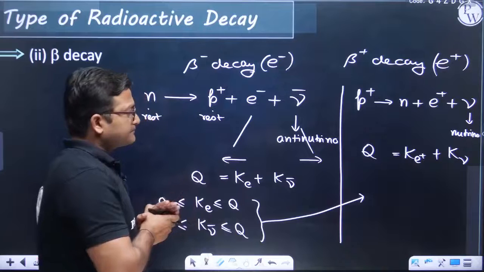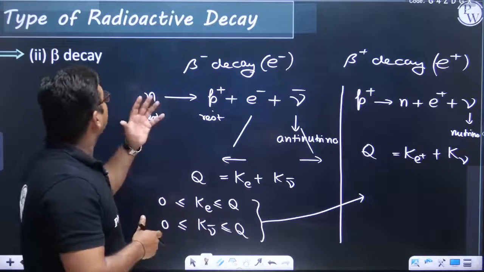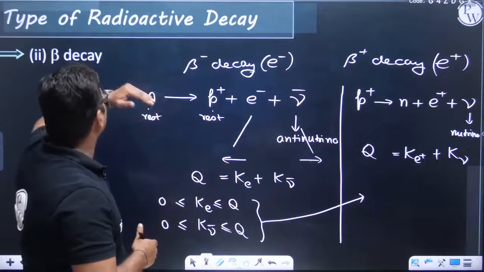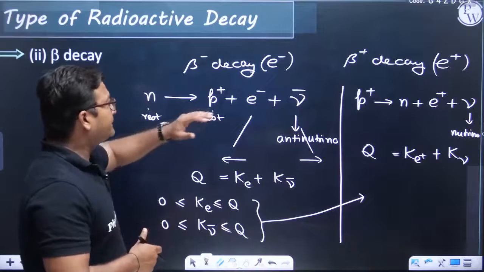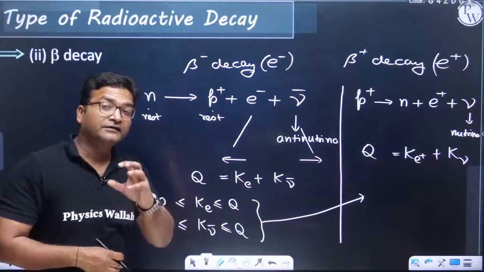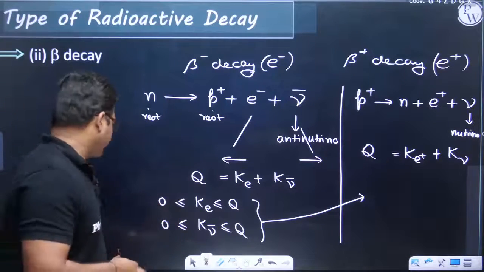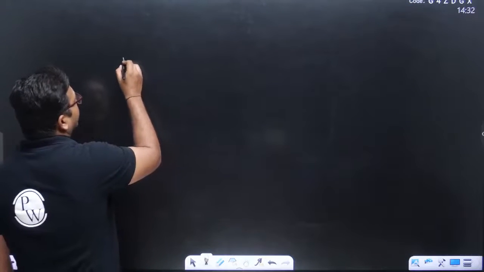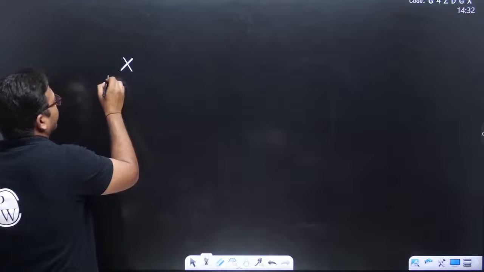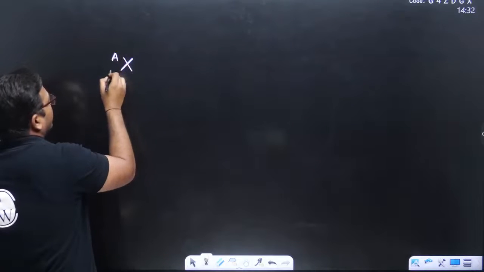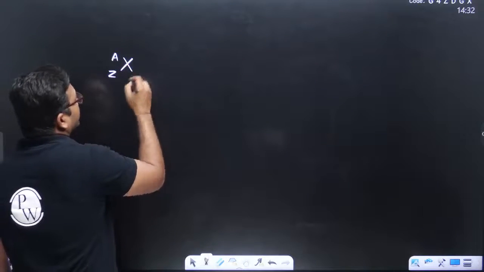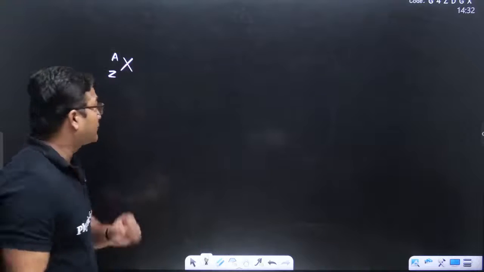Okay. So this is about radioactive beta decay. When this happens, let us understand what are the changes in the nucleus. So suppose a nucleus X having mass number A and atomic number Z gives a beta minus decay, means electron decay.